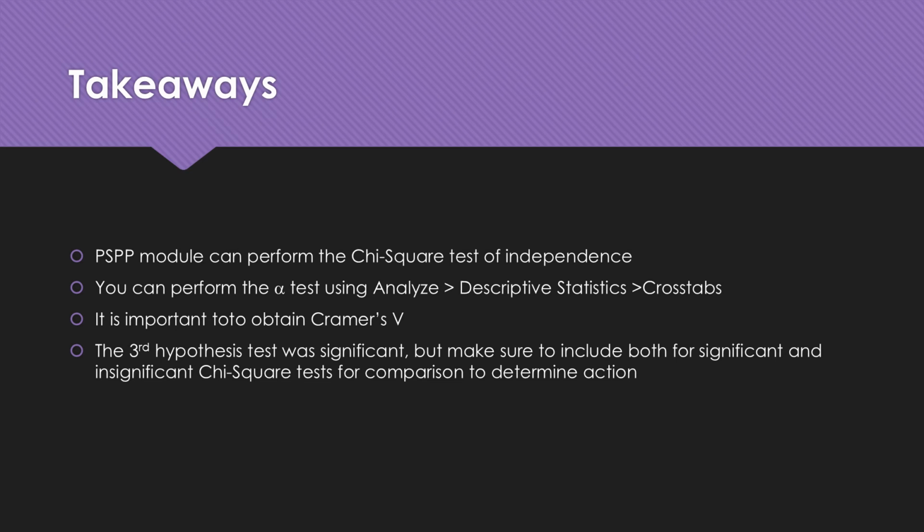And the last takeaway that we have is that even though the third hypothesis test was significant, we need to make sure that we include both significant and insignificant chi-square tests for comparison. So we're comparing the different chi-square tests in order to determine the action that's needed to build on our null hypothesis and alternative hypothesis.